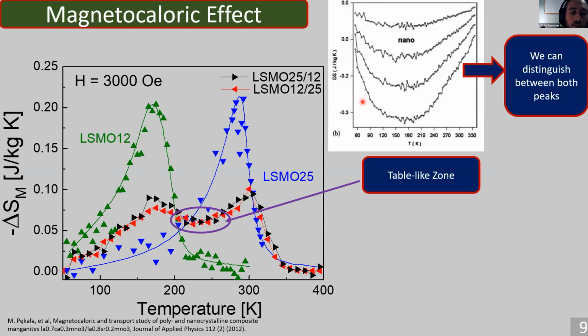In a bilayer, you can see the transition of one of the layers and then the transition of the other layer. So the nanocomposite would be like a solid mixture. I mean, yes, little grains of both. Okay. You are broadening the effect so much, and you can have the maximum at each temperature.